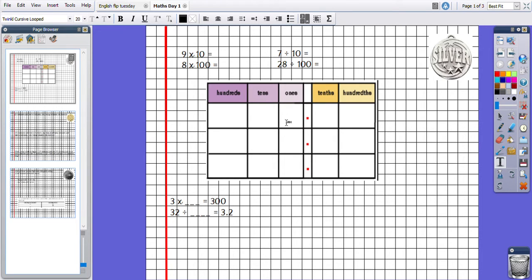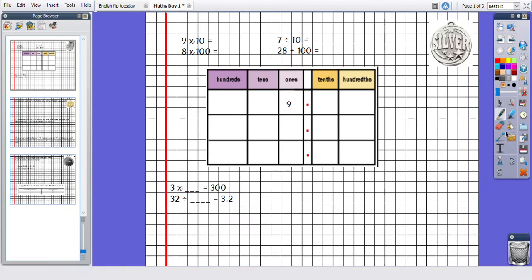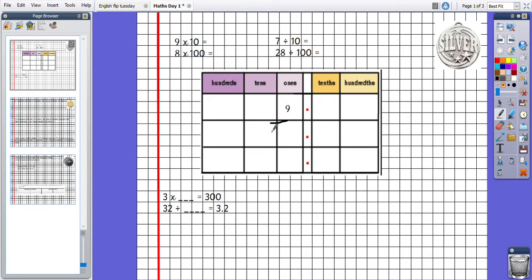So I will put my number, which is 9, into my place value grid. And if I am making it 10 times bigger, then I need to move my number, so number 9, one place to the left. Okay, so I'm going to move my number over here.